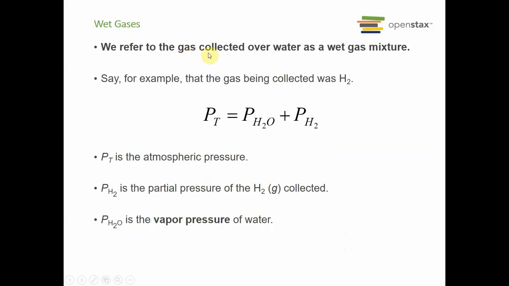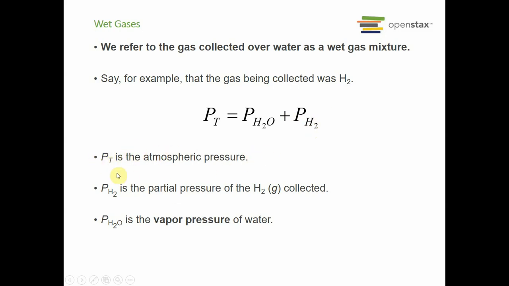We've referred to gas collected over water as a wet gas mixture. Say, for example, the gas being collected was H2, hydrogen. Then the total pressure is equal to the pressure of water plus the pressure of H2.